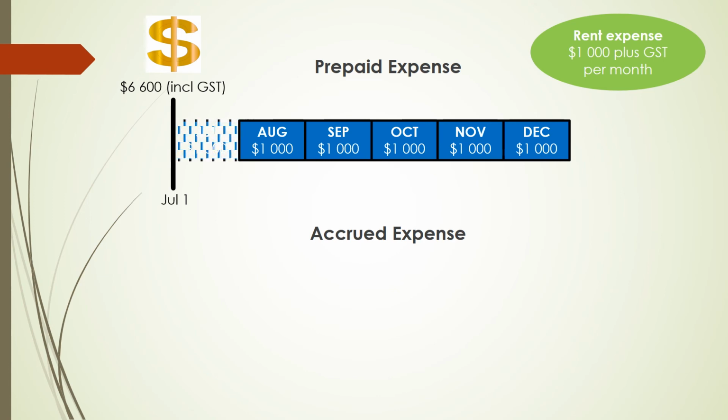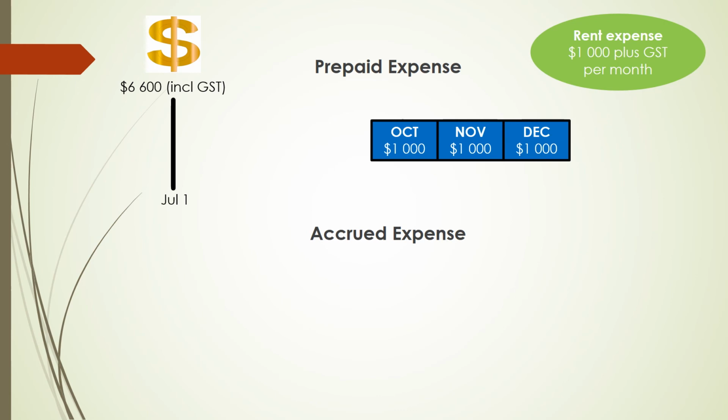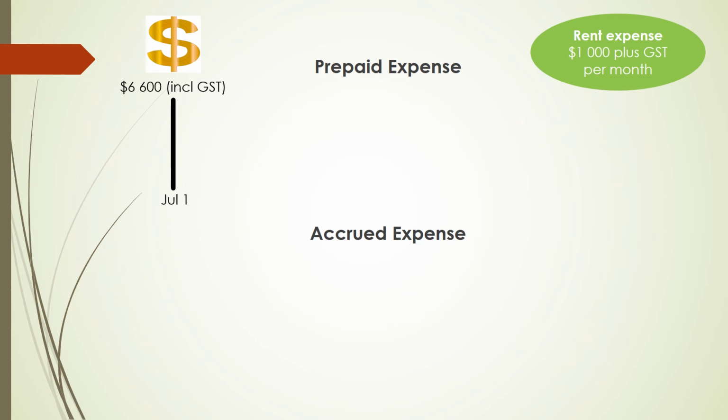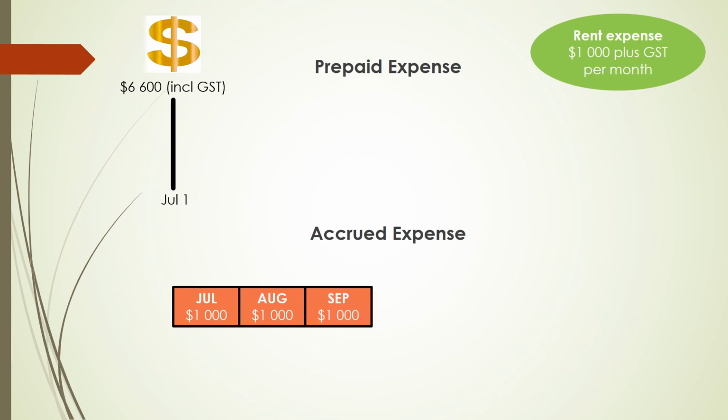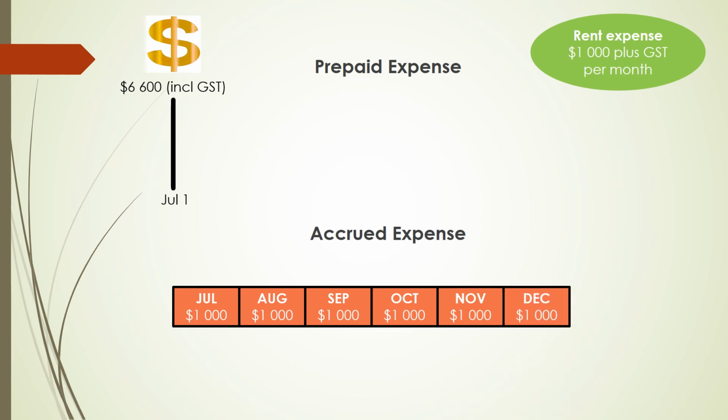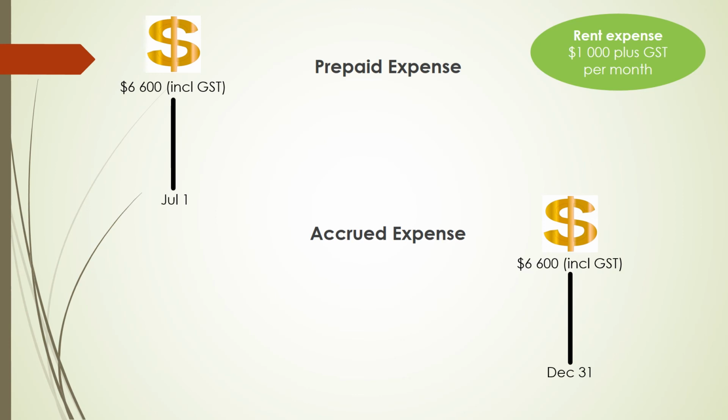As the months go by, we are consuming the benefit of the prepaid rent, and therefore we are incurring the rent expense. In comparison, with accrued expense, we are accruing the rent that has been incurred from month to month. And at the end of the 6 months, we are given a bill by the landlord to make a payment of $6,600 for the rent that has been accrued over the 6 months.